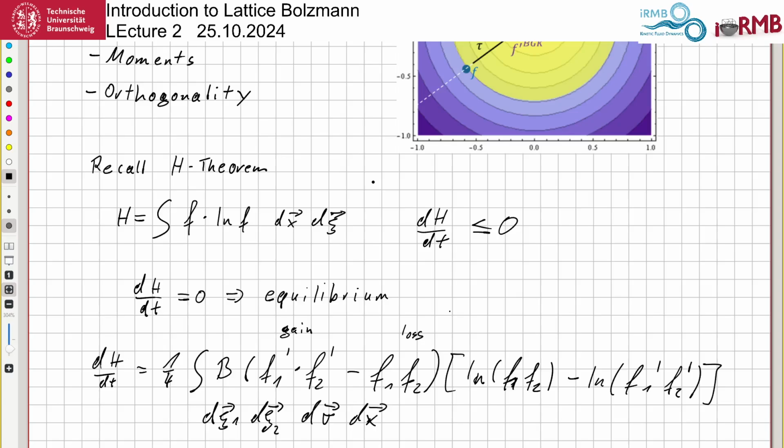So this is an integral over 3, 6, 9, 12 dimensions.